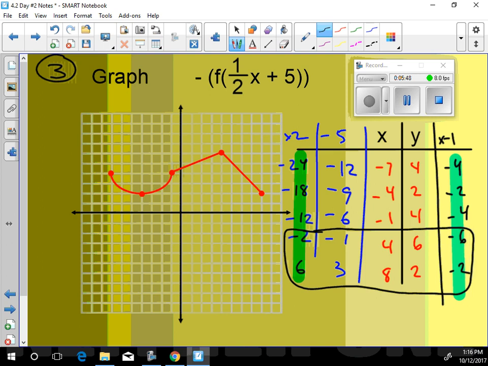What point did that used to be? 6, -2 used to be 8, 2. So this point right here is now this point right here. Great. And then -2, -6. This point right here is 4, 6 reincarnated. Okay, great.